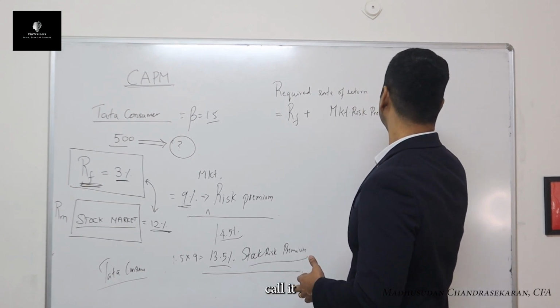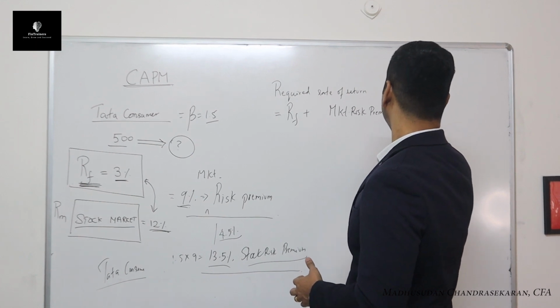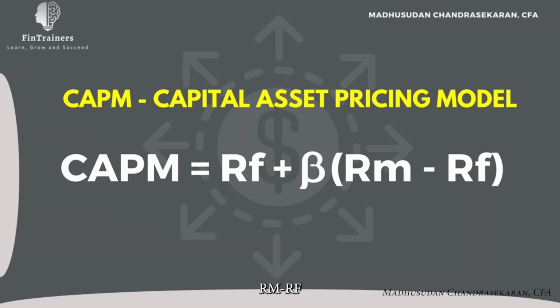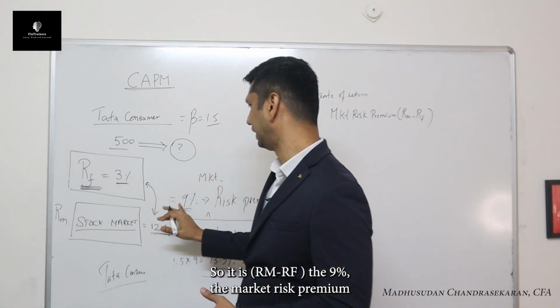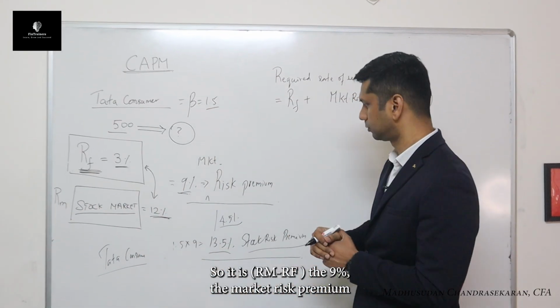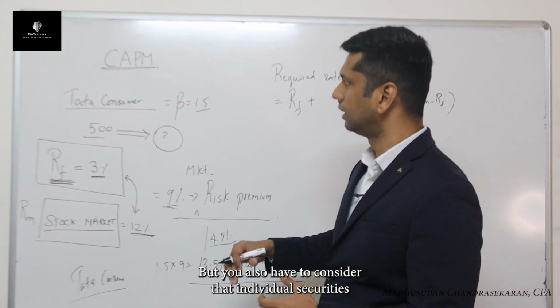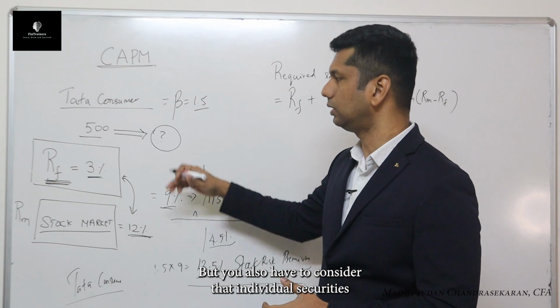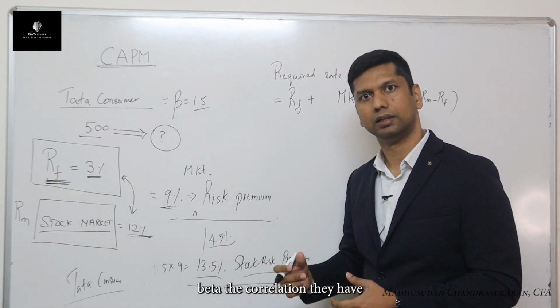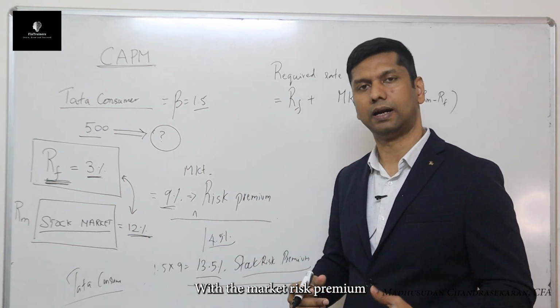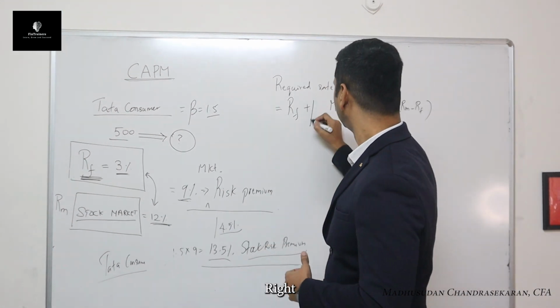Let's call it RM minus RF, correct? So it is RM minus RF, the 9%. The market risk premium. But you also have to consider the individual security's beta, the correlation they have with the market risk premium.